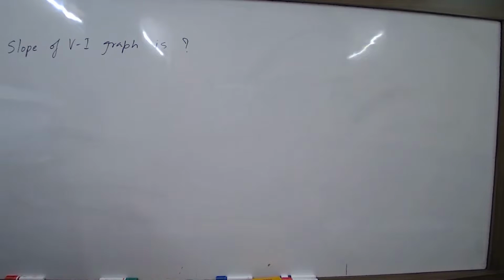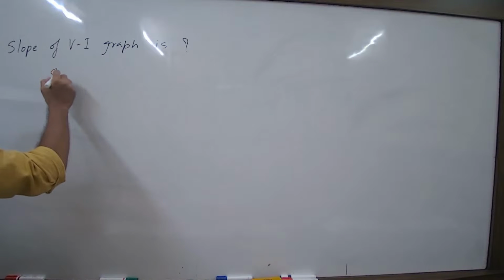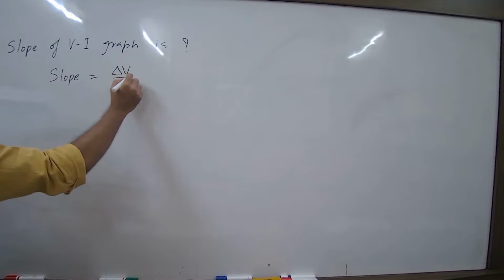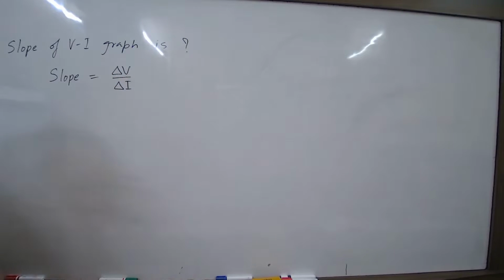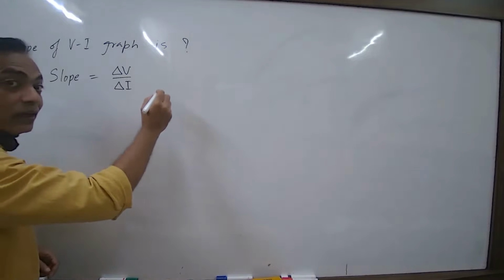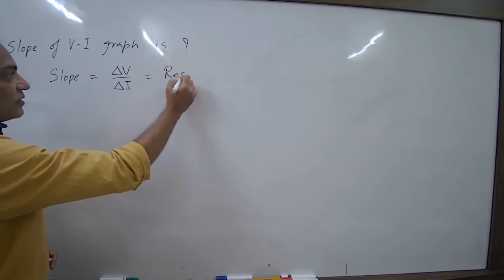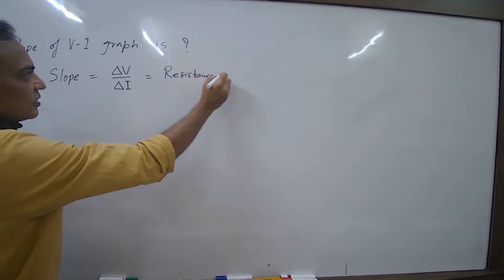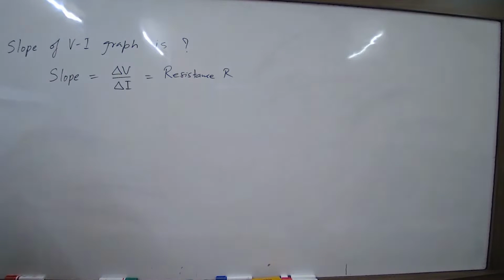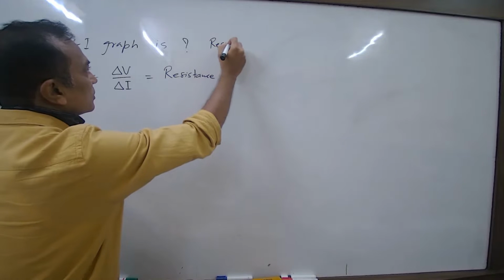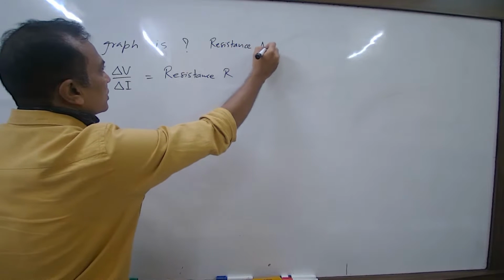Slope of the VI graph is delta V upon delta I, right? What is it? Resistance. R. Slope of the VI graph gives resistance. This should be the answer.